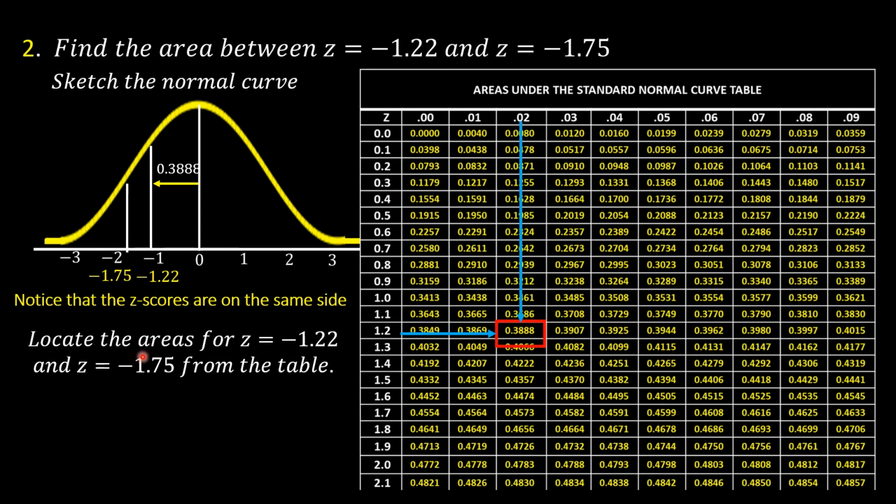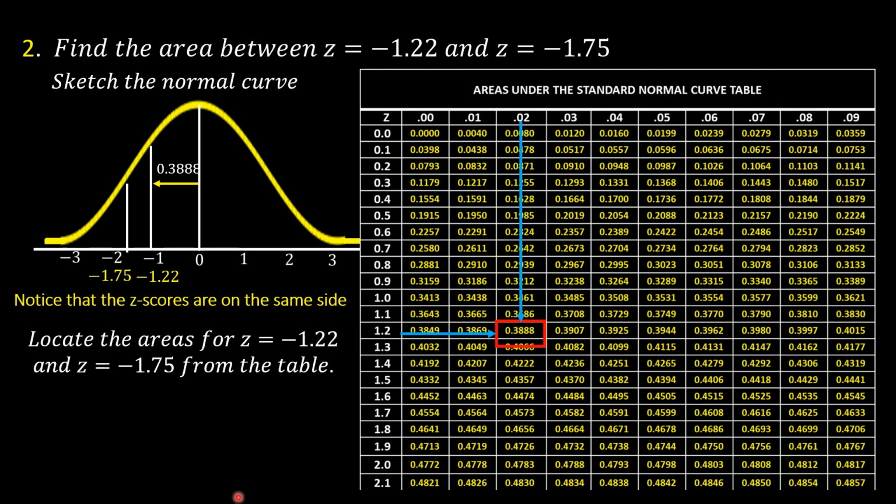And then look at the first two digits of z is equal to negative 1.75 in the first column. Disregard the negative sign. This is 1.7. And then look at 0.05 in the first row. This is 0.05.